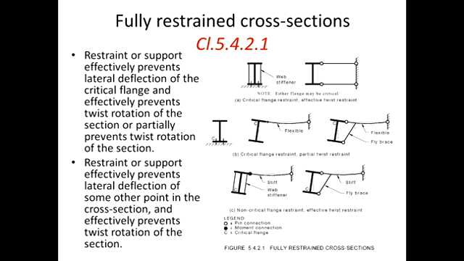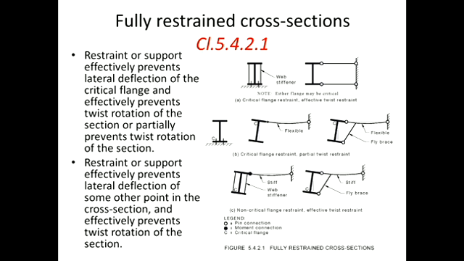So if we have critical flange restraint, so the flange which is under compression and is more likely to deflect under those conditions, is restrained, and if we also have effective twist restraint, then we can say that the cross section is fully restrained.